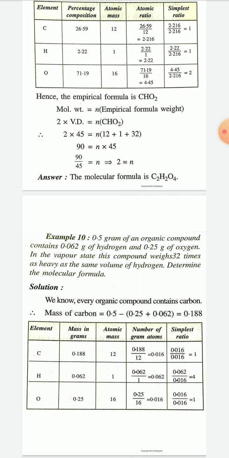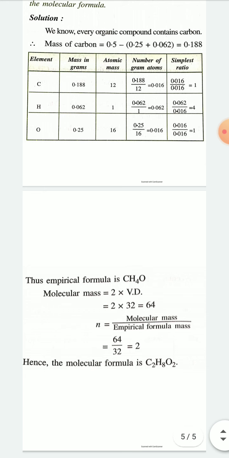So the molecular weight of the compound is 32 into 2, that is 64. The molecular weight is 64, and the empirical formula is CH4O.